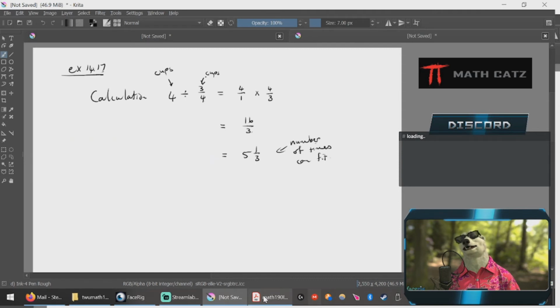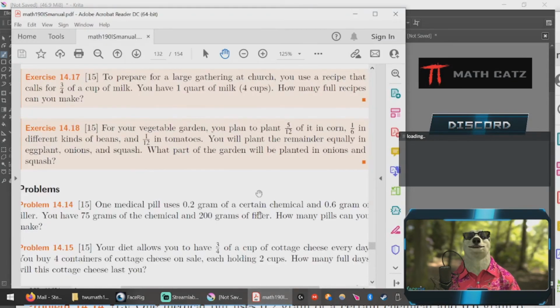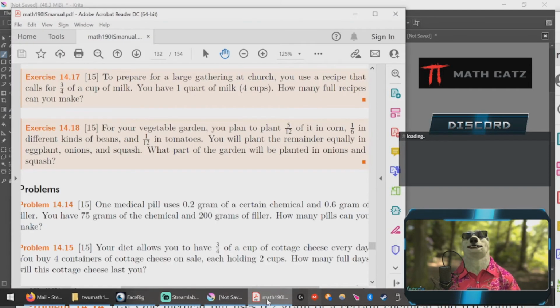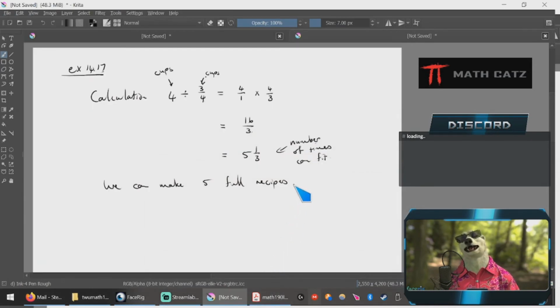So in terms of the words of the question, how many full recipes can I make? We can make 5 full recipes, and then a third of a recipe if I really want to, but based on how the question is phrased, they only want the full recipes. 5 full recipes.